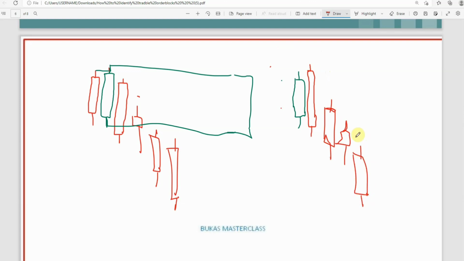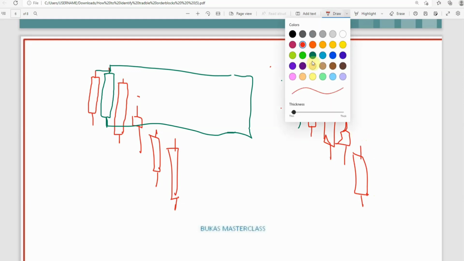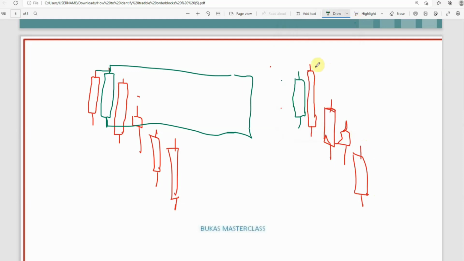Now some SMC traders will use this as an order block because it is the last bullish candle before the sell. Now this is wrong. This is not the order block. Rather, this one is the order block.